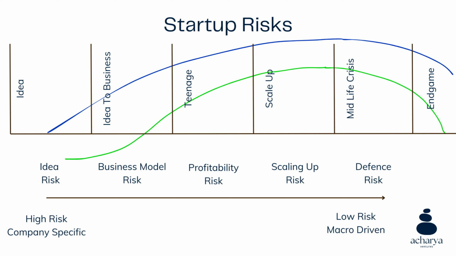Are you selling it as a merger and acquisition? Are you finding a strategic buyer, or are you completely pivoting your product or service? So all those things again come into play at a later stage of the company, right? So your end game is also a risk. Again, as I said, you need to have different kinds of risk profiles based on the stage of your business, and the risk changes from a more micro level risk to a more macro level risk as your company grows.